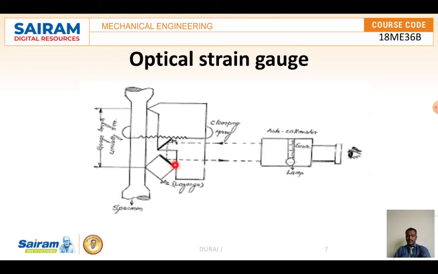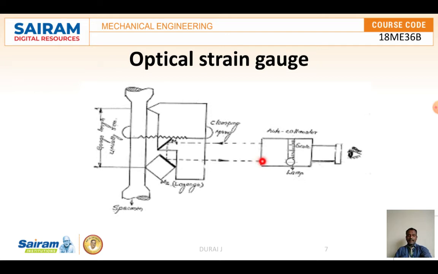The function of the autocollimator is to send parallel rays of light and receive back the reflected light beam from the lug.